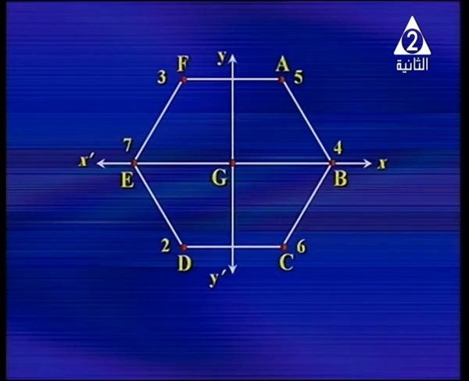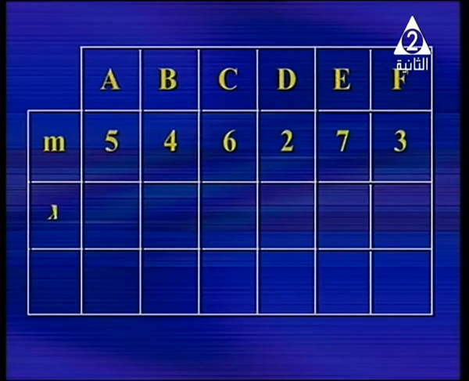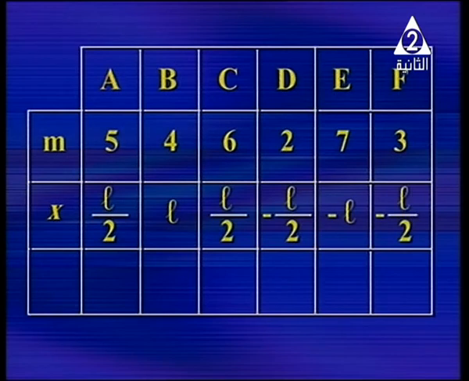Look at A, B, C, D, E, F, a regular hexagon. Then from the table, look at the table A, B, C, D, E, and F. What are the masses? 5, 4, 6, 2, 7, 3. X coordinates: L over 2, L, L over 2, negative L over 2, negative L, negative L over 2.